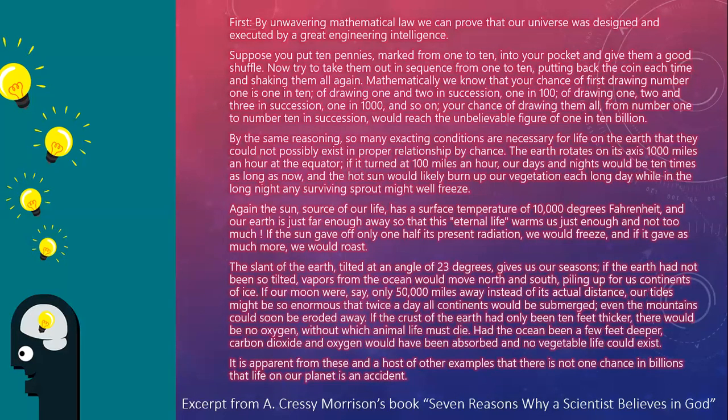Okay, so he says, by the same reasoning, so many exacting conditions are necessary for life on the earth that they could not possibly exist in proper relation by chance. So what he's basically saying is that as far as he has observed, the environment, the organisms, it seems that it doesn't go that way.